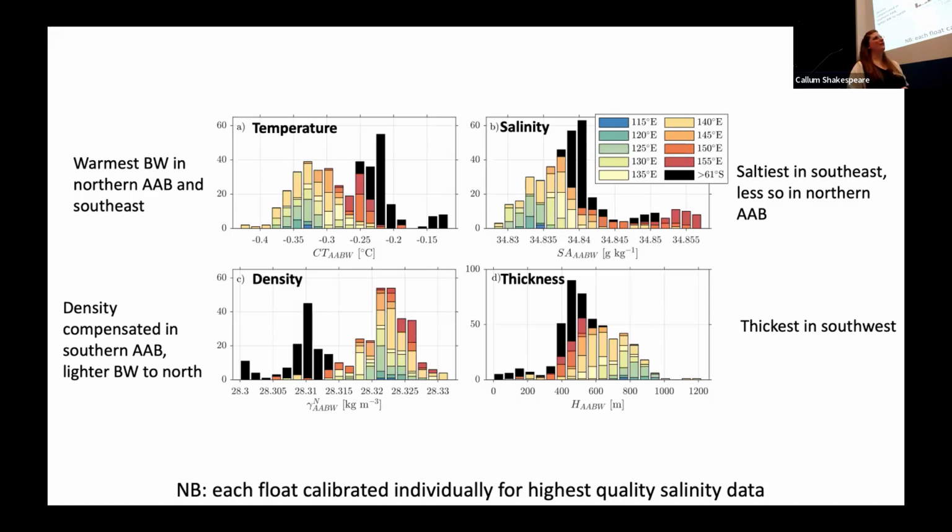That is important when you're looking at subtle changes in salinity of Antarctic bottom water. We estimate the salinity accuracy on these to be plus or minus 0.002 PSU, which is of or equal to WOCE GO-SHIP standards.